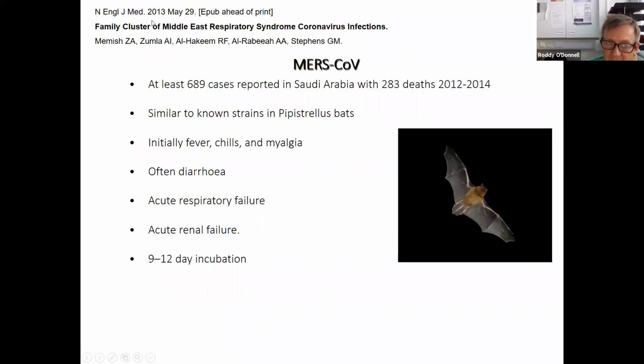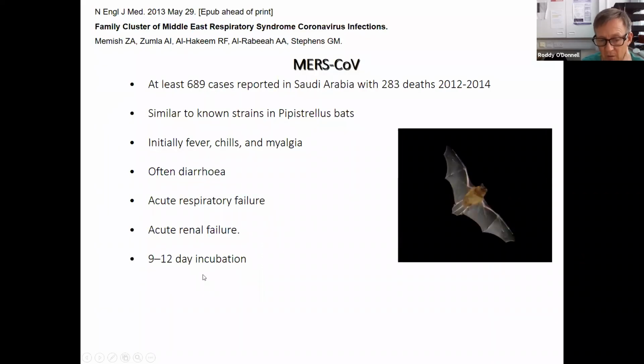So after SARS disappeared, we had another coronavirus outbreak in 2013 called MERS, that arose in the Middle East and caused respiratory symptoms. There were about 700 cases reported, mainly in Saudi Arabia, with 300 deaths. So this is a very high death rate of the cases that were identified. It was already known to be similar to strains in Pipistrellus bats, and it was particularly associated with acute renal failure in these individuals.